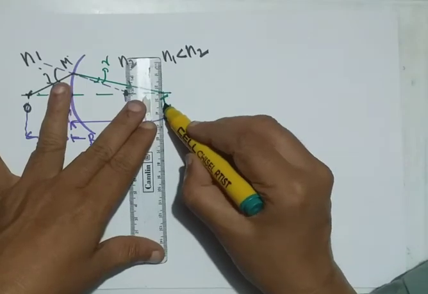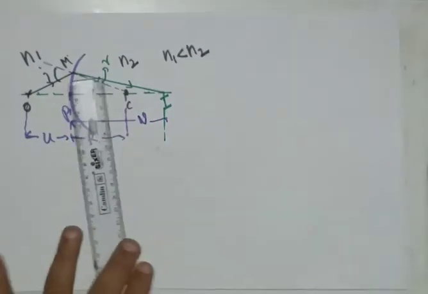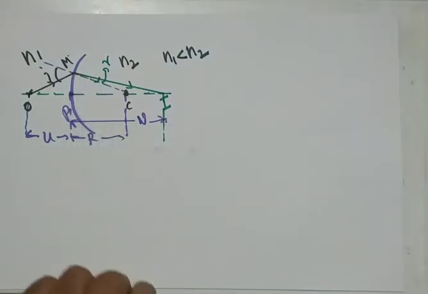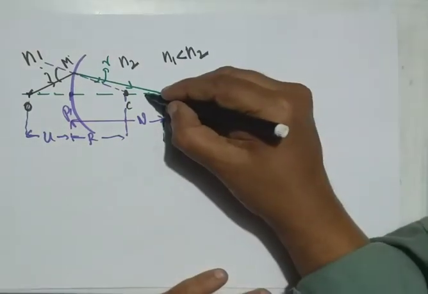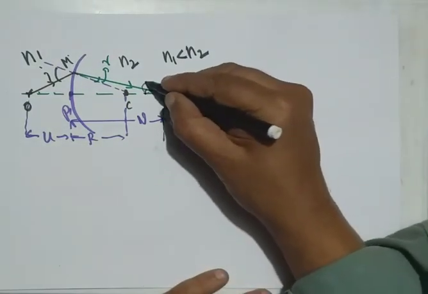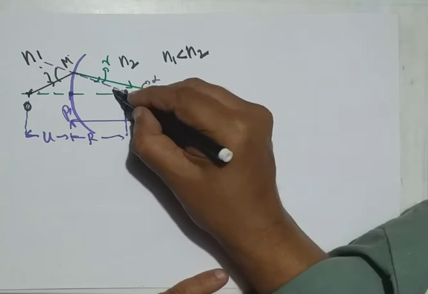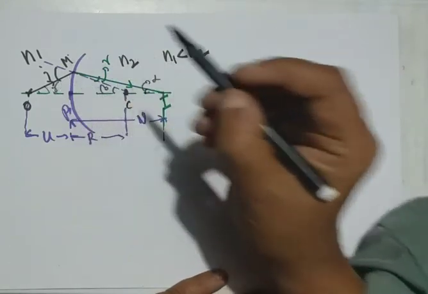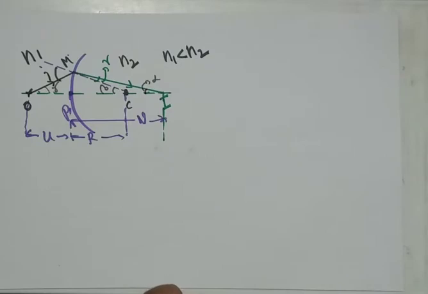We draw a line there to mark the image distance. Now we write the angles there. This angle I call alpha, this angle beta, and this is gamma. For the sake of simple writing, we mark them alpha, beta, gamma.